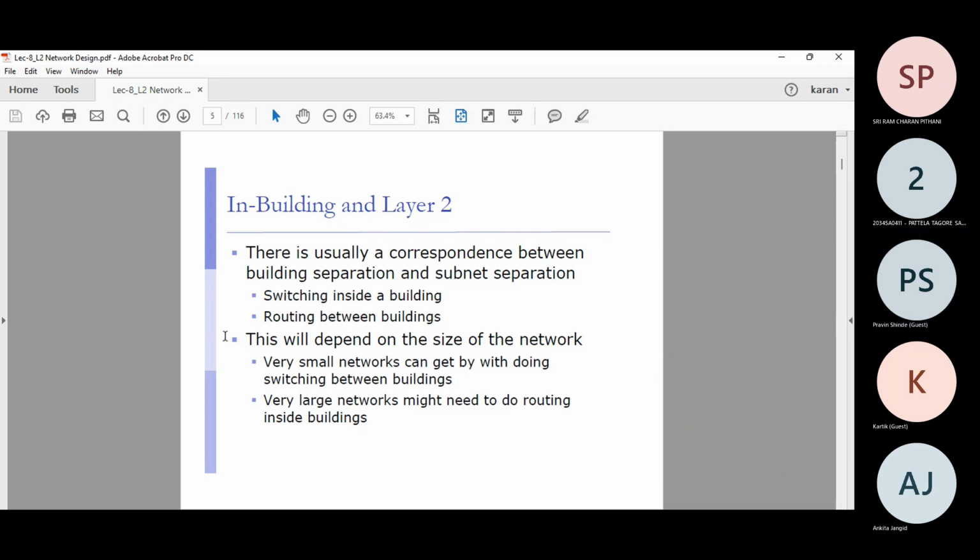This depends on the size of the network. Very small networks can get by with switching between buildings, while a very large network might need routing inside a building. So switching and routing are two different concepts.